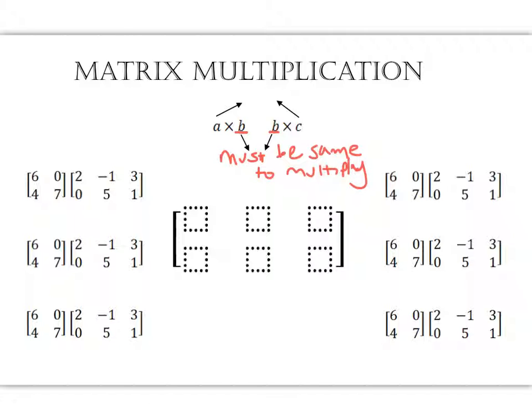There we go. And then the rows of your first matrix and the columns of the second matrix give you the dimensions of your final answer.